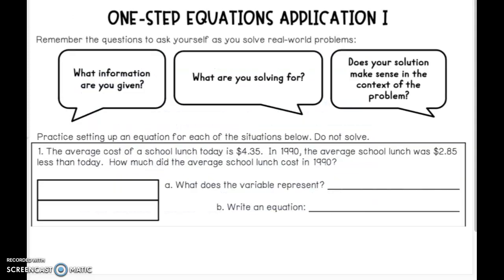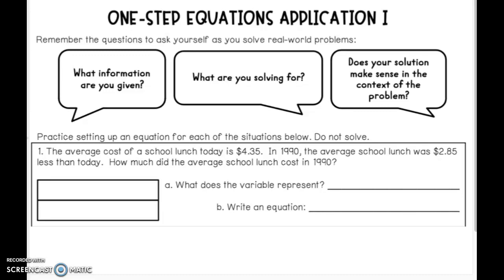All right, so yesterday we talked about one-step equations as far as just solving for the variable. Today we're going to go a little bit further with the one step and just say this is how you might use this in the real world, meaning there is application for what we're doing.